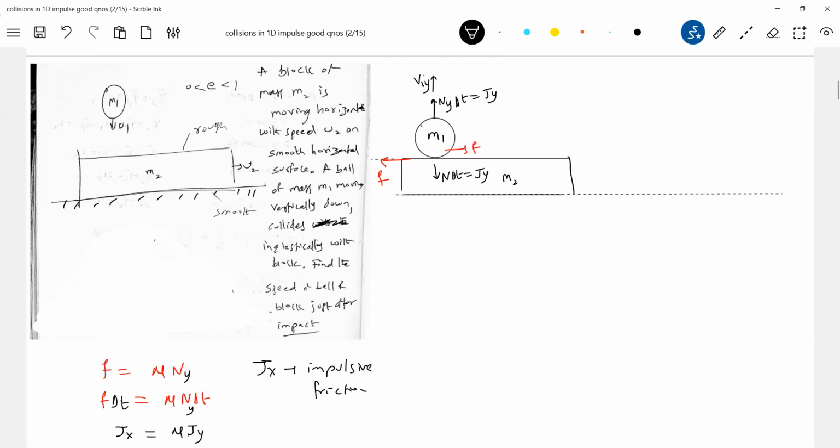This is the impulsive friction. So on the block, these are the forces that will be acting.